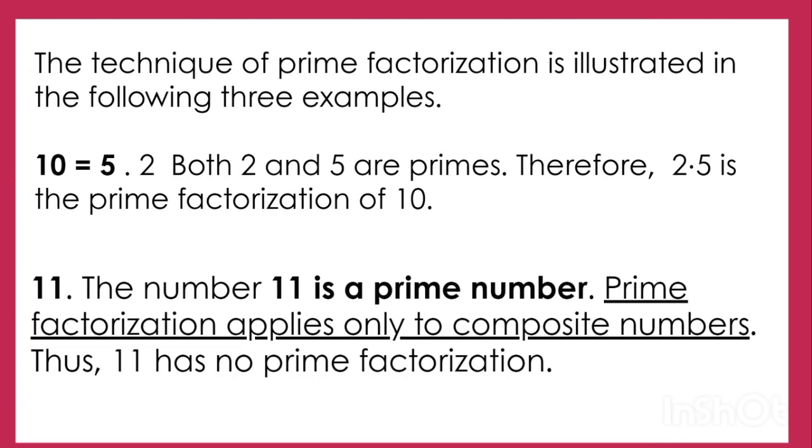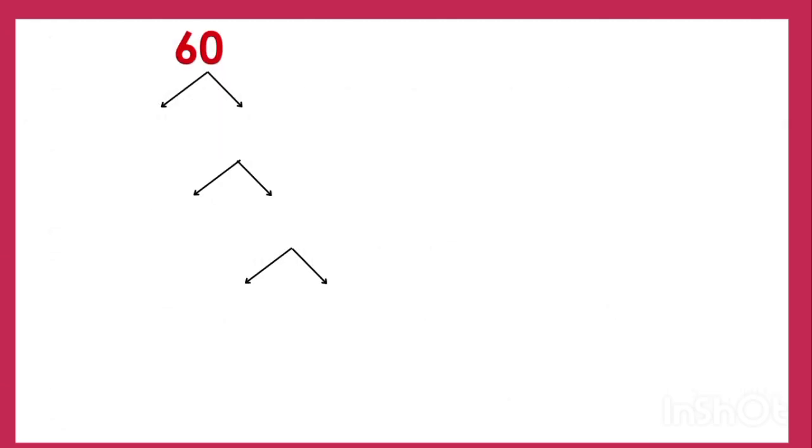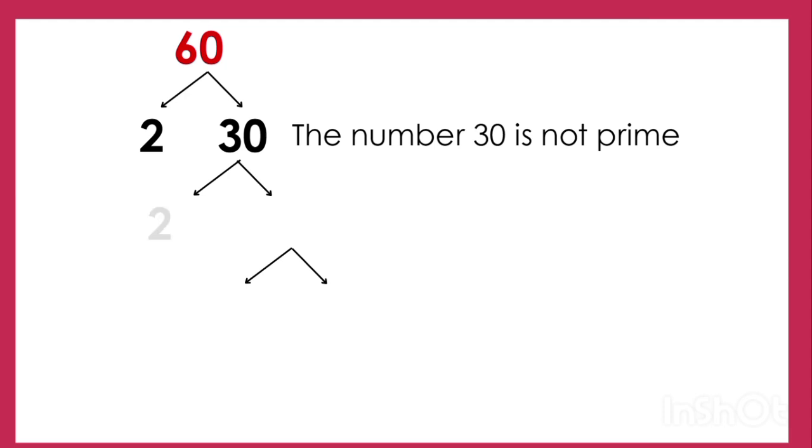Let's have 60. What numbers can divide 60? I list 30. So 30 times 2 equals 60, right? But 30 is composite. It can also be divided by numbers other than itself. So number 30 is not a prime.